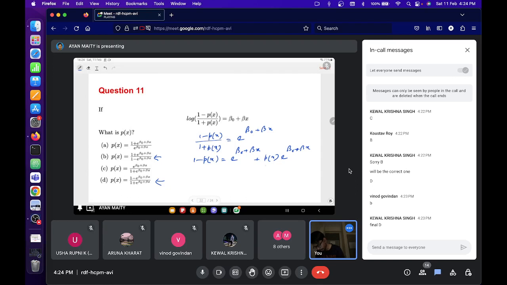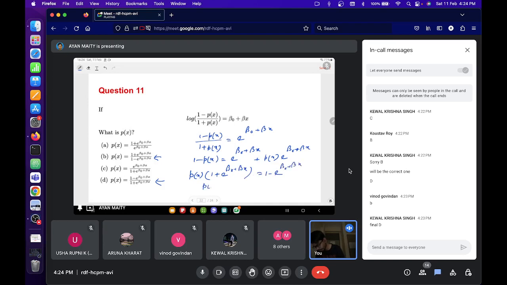From here, if we take p(x) as common, it would be p(x) times 1 plus e to the power beta 0 plus beta x equals 1 minus e to the power beta 0 plus beta x.